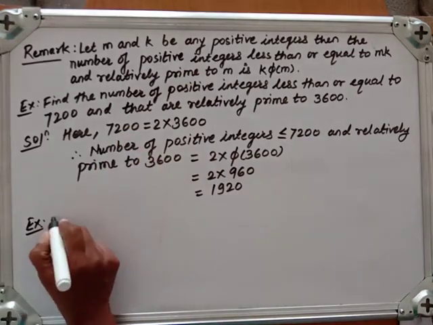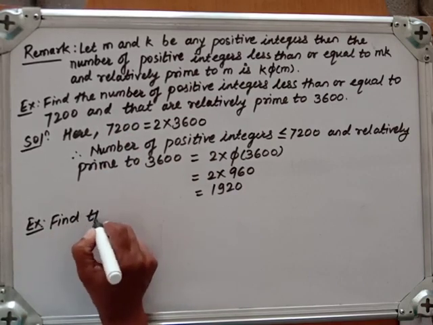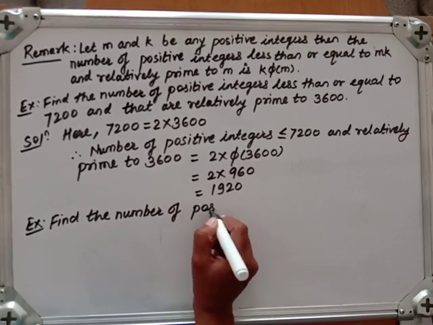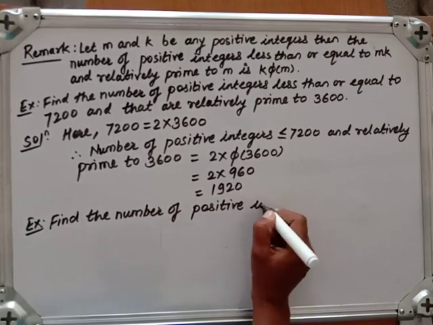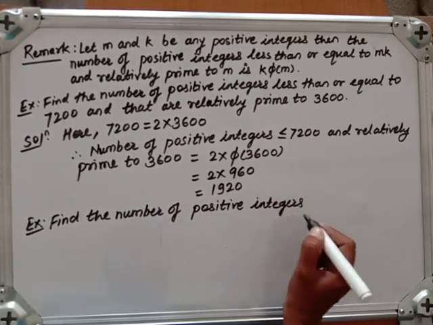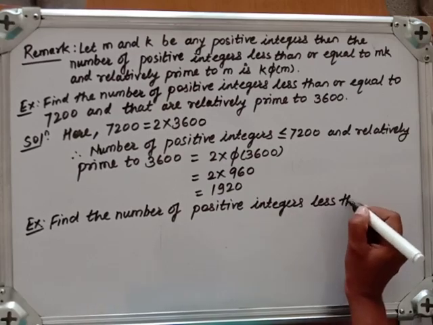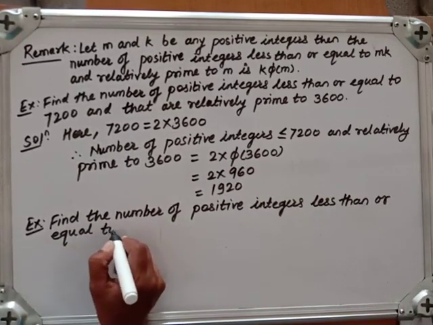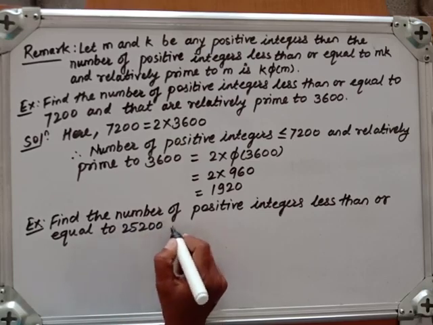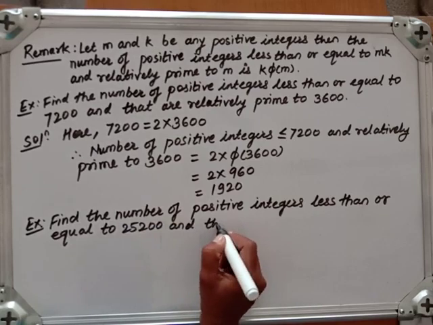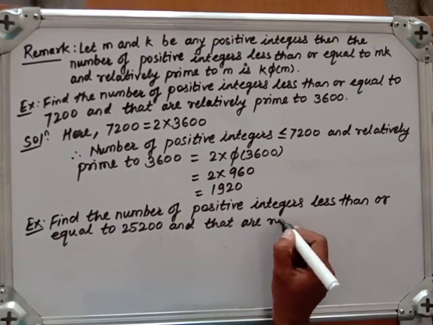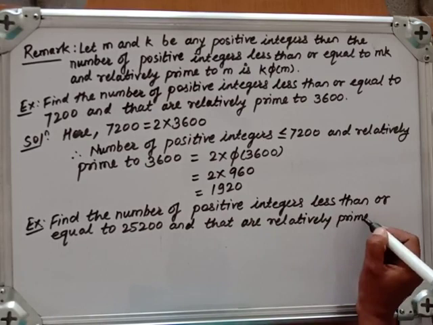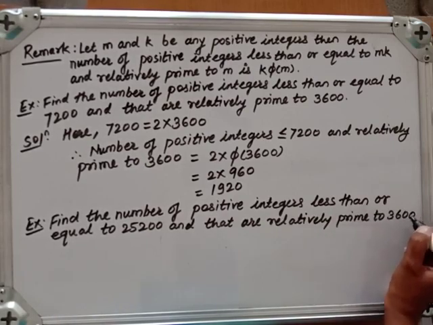Okay. Next one. Find the number of positive integers less than or equal to 25,200 and that are relatively prime to 3600.